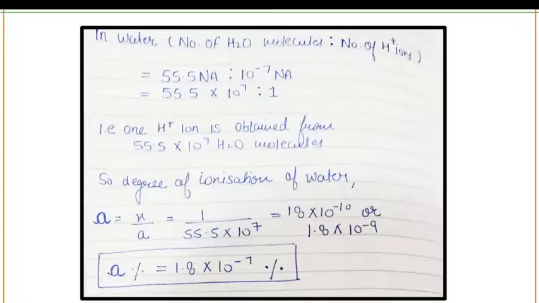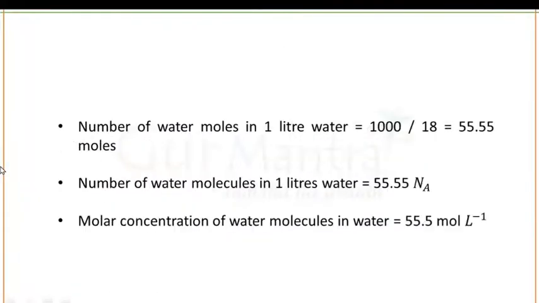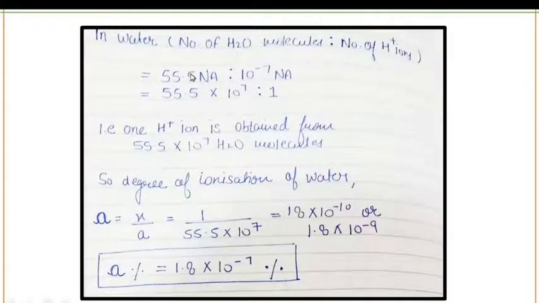Okay, now if you want to calculate the degree of ionization for water, then compare the number of H2O molecules to the number of H plus ions. Then you may conclude that 1 H plus ion is obtained from 55.5 into 10 to the power 7 H2O molecules.